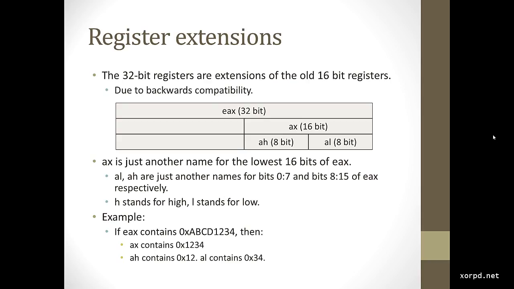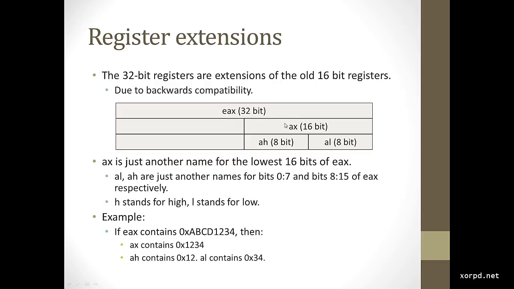Register extensions. The 32-bit registers are extensions of the old 16-bit registers. This is due to backwards compatibility. For example, talking about the EAX register, which is of length 32 bits. It is made of 2 parts. The high part, which doesn't actually have a name, and the lower part, AX, which is made of the lowest 16 bits of EAX.